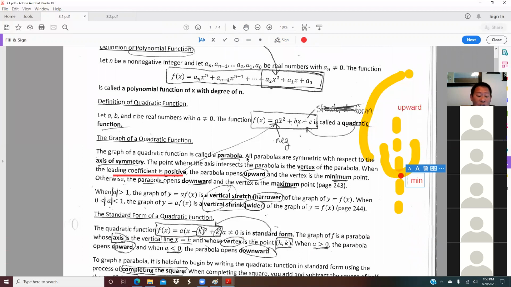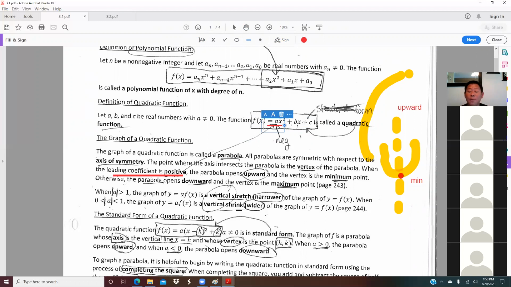And then we talk about stretching and shrinking based on the A. So if you have this A, same thing as this A, okay? If your A, absolute value, is greater than 1, like 2, 3, 4, 5, you get a narrower graph. When this A is between 0 and 1, you get a wider graph.